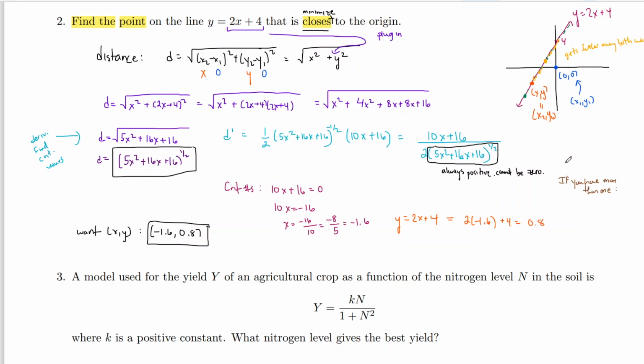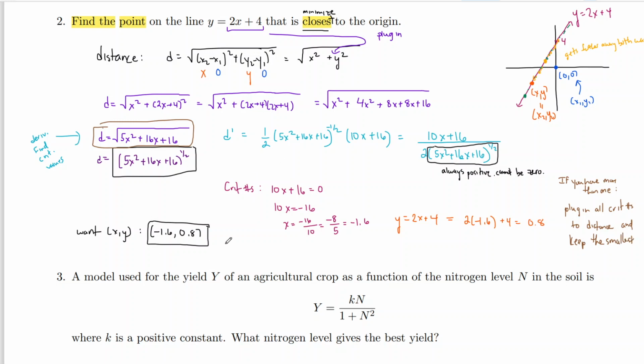So it's going to boil down to this. If you have more than one critical number for this type of problem, what you want to do is plug in all critical numbers to the distance formula. So right here, we would want to plug it in right here, the simplified distance formula we have, and keep the smallest. So the x value that makes the smallest number for the distance.